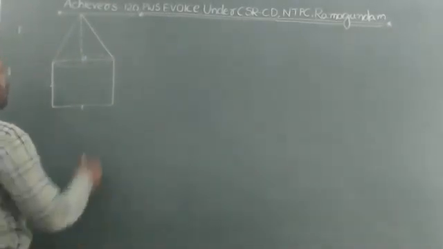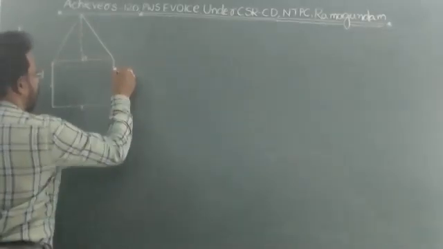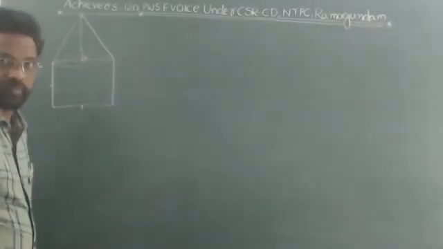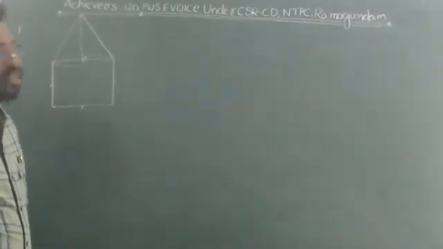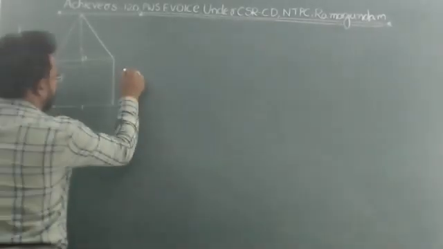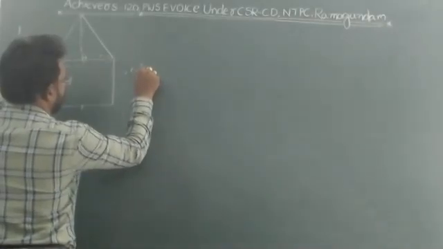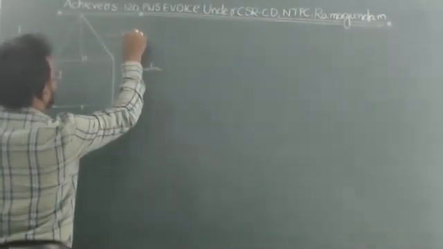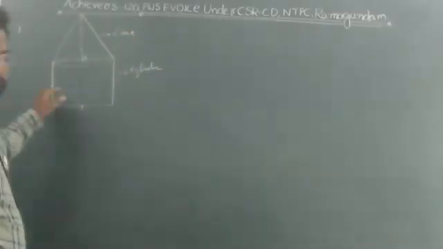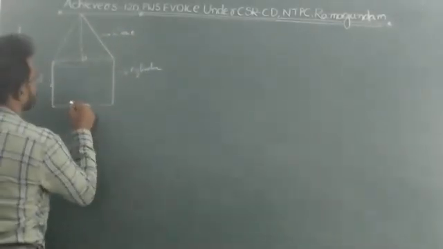Otherwise, we can take this one as a cylinder. The best option is a cylinder. Let us take this is a cylinder, and this is a cone.